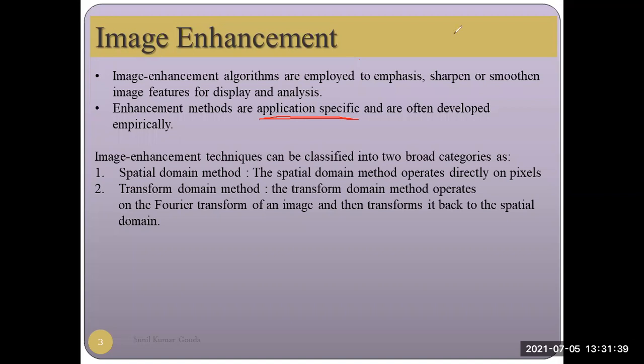The brightness of the images should be improved. In that case, we will use the algorithm for image enhancement for improving the brightness. That is the reason we said here that enhancement methods are application specific.